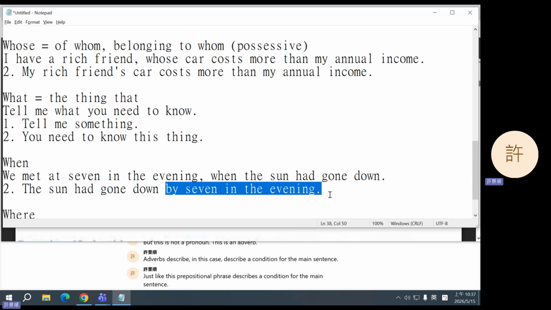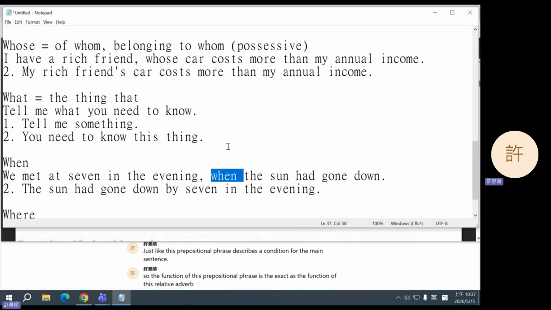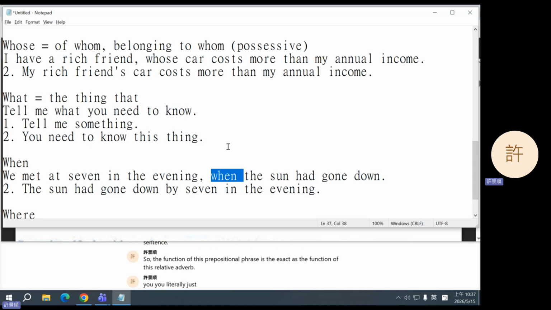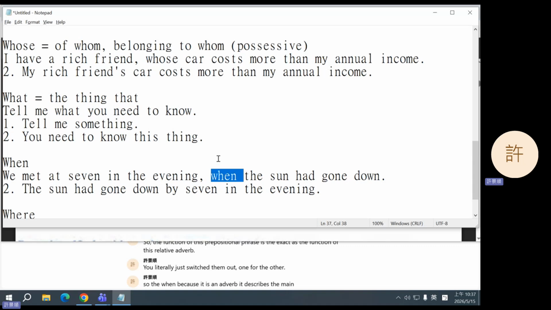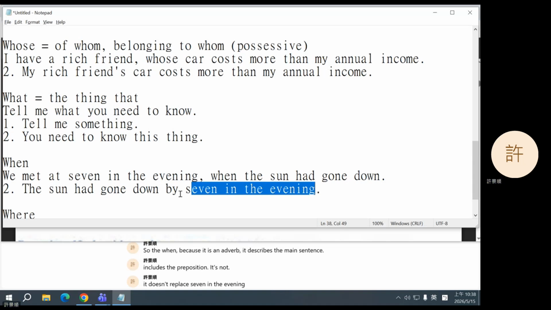So the function of this prepositional phrase is exactly the function of this relative adverb. You literally just switch them out, one for the other. So the when, because it is an adverb, it describes the main sentence, includes the preposition. It doesn't replace 7 in the evening. It replaces by 7 in the evening.